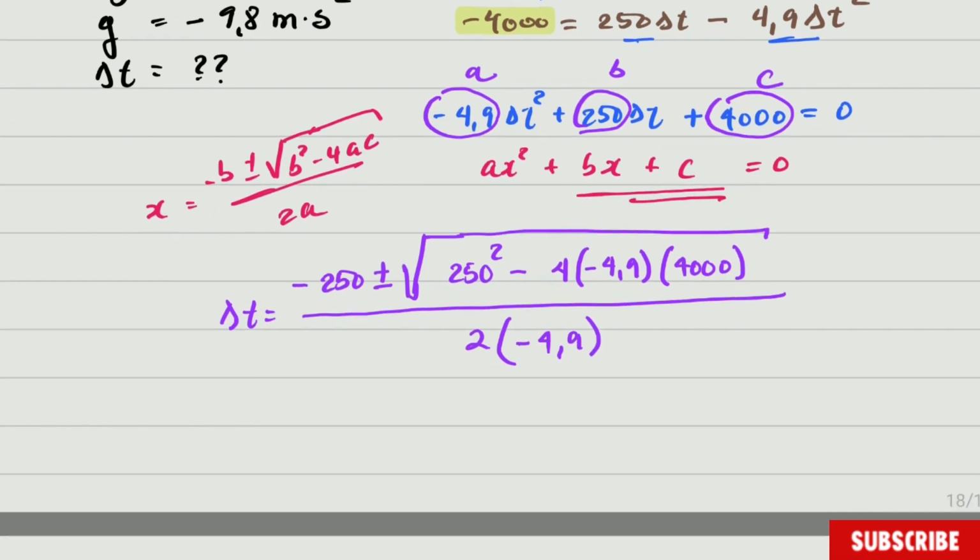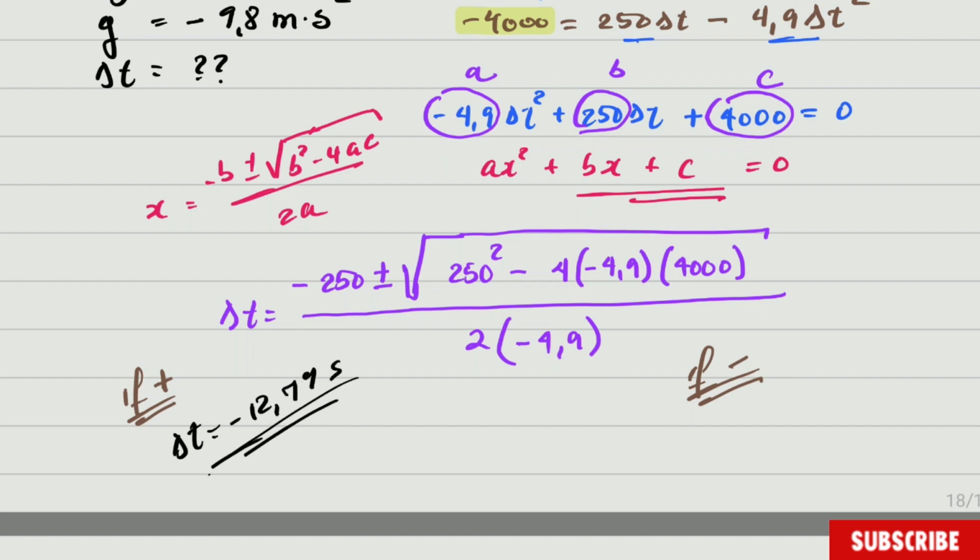Now here you will have 2 answers. You will have one answer when you use the plus, and you will have an answer when you use the minus. So if you use the plus, then the answer for the time will be equal to minus 12,79 seconds. And guys, the answer cannot be negative.